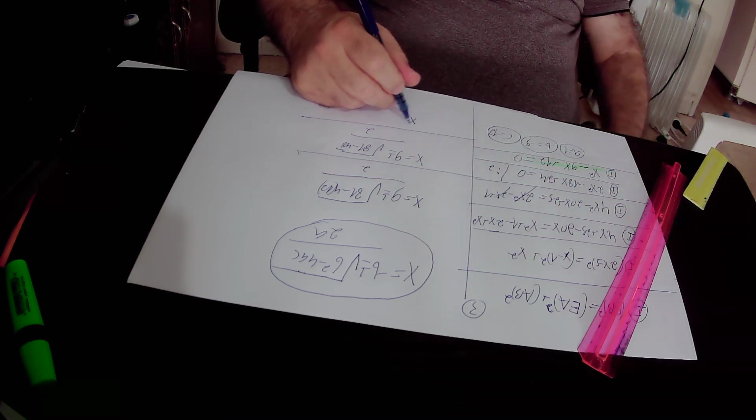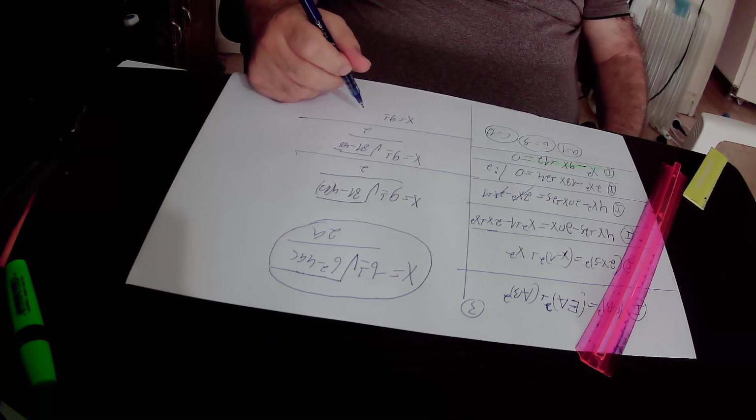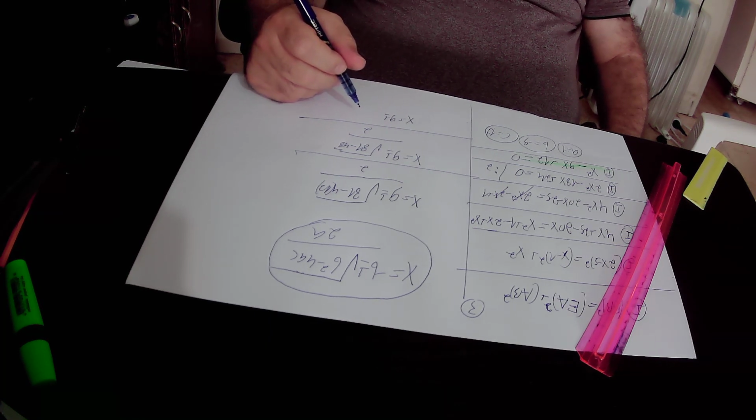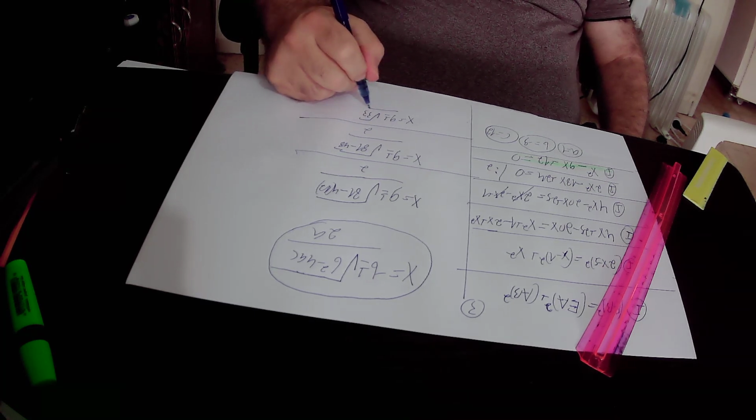So here x equals 9 plus minus... 81 minus 48 is 33, so inside the root we are left with only 33, over 2.